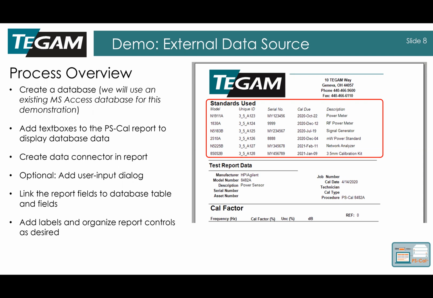What you see on the screen there is the 3.5 data set. So the user input dialog is really helpful because that allows the technician in the moment of generating the report to say, I want to use the 3.5 millimeter table, or conversely, I want to use the type N table.